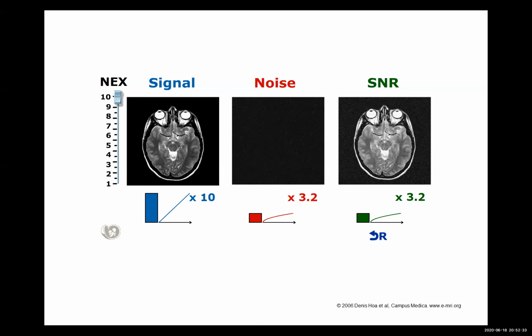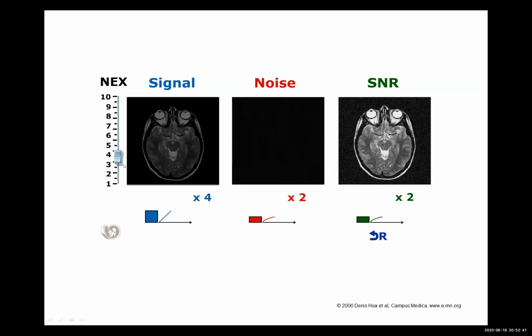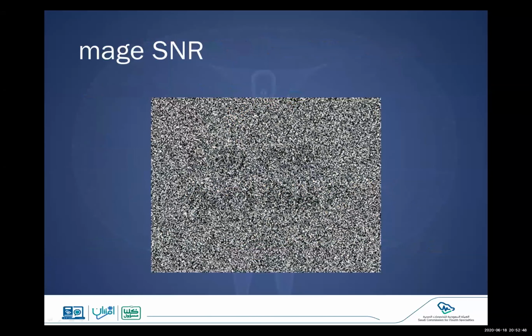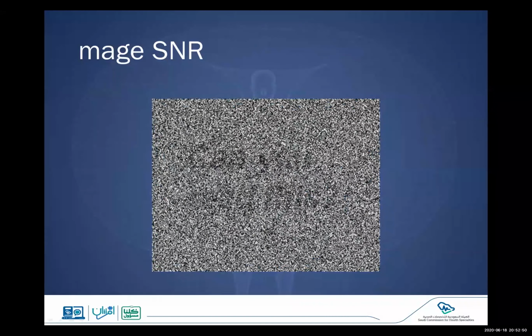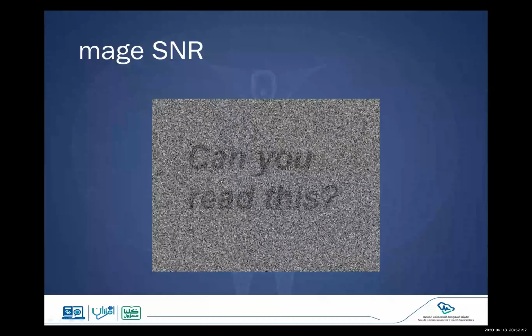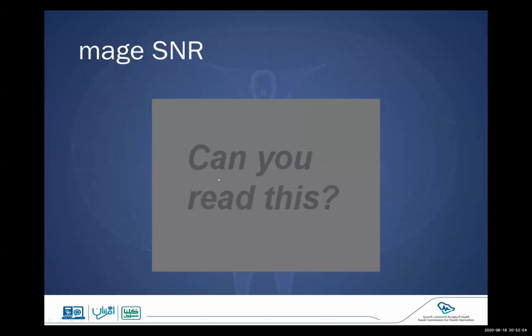After you utilize all these things and you reach the point where it's still noisy, then you go for increasing your averages, because they will not actually increase your image quality by double. They will just increase it by the root mean square of the number of averages. So as you can see, this is one average, 2 averages, 3 averages, and the more averages you use, the noise will be almost.